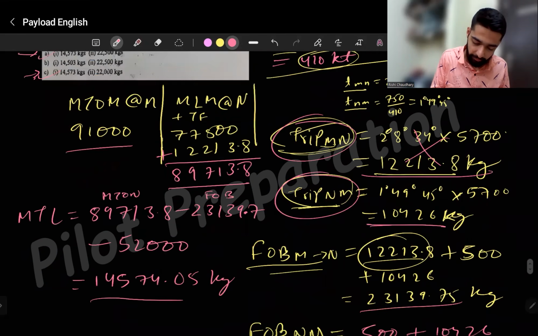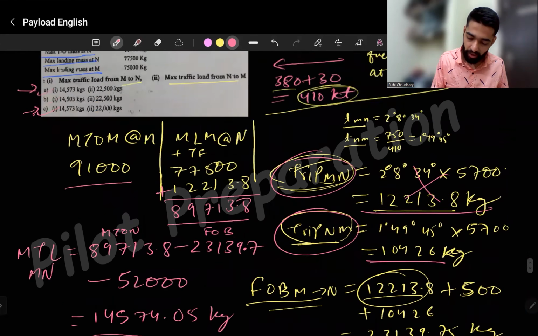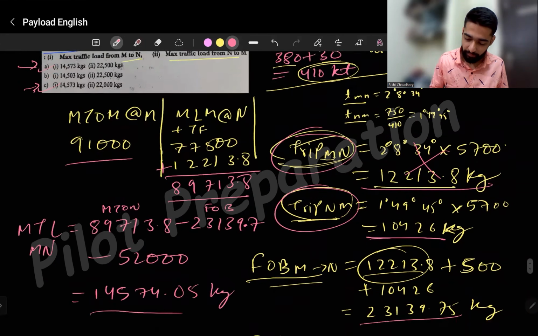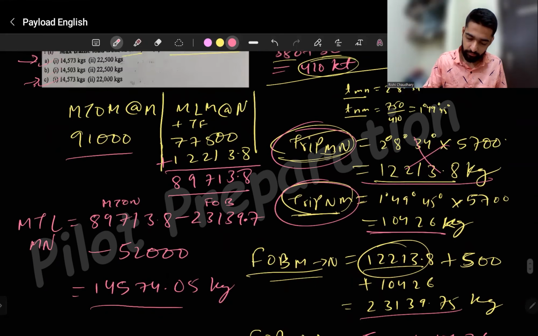So this is M to N. Maximum traffic load at N to M will be how much? Again, we have to find out the maximum takeoff mass and the maximum landing mass. Again, we have to do the same calculation. So again, I will write everything.